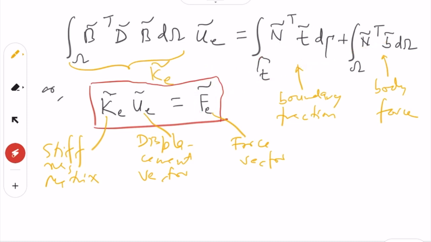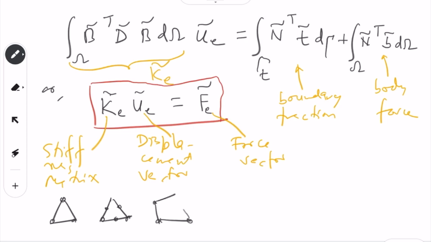Okay. So, this is derived from the general formulation. Now, next we have to adapt it to different kinds of elements. We will look at how the stiffness matrix will look for a 3 noded element, a 6 noded element, or quadrilateral elements.